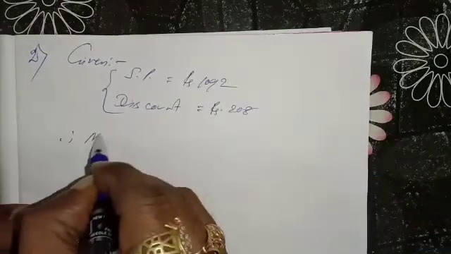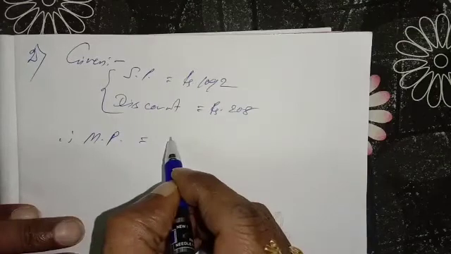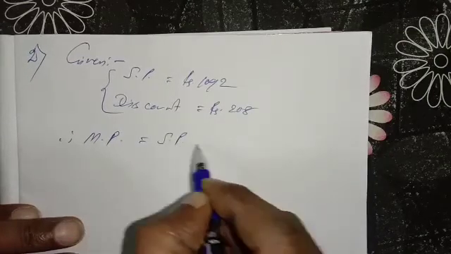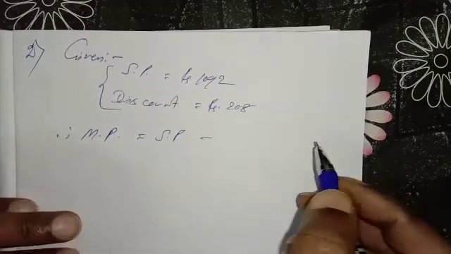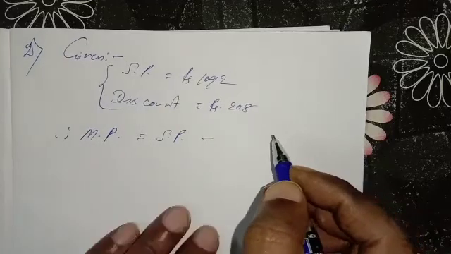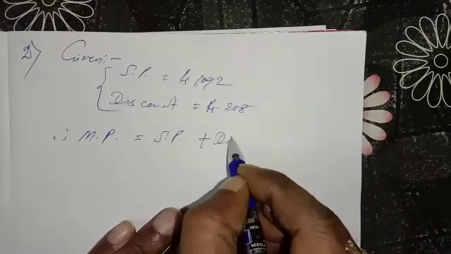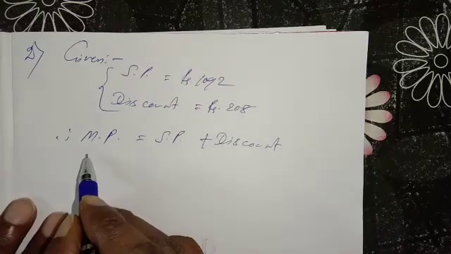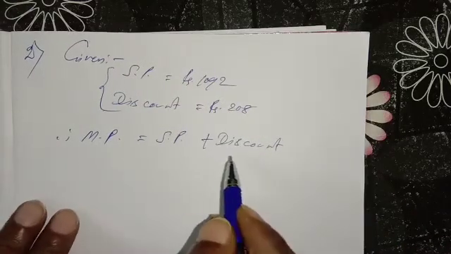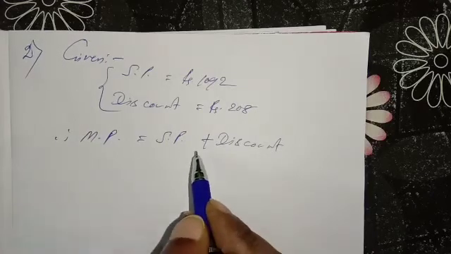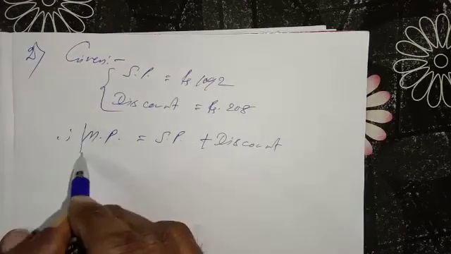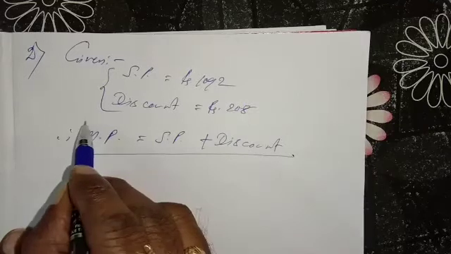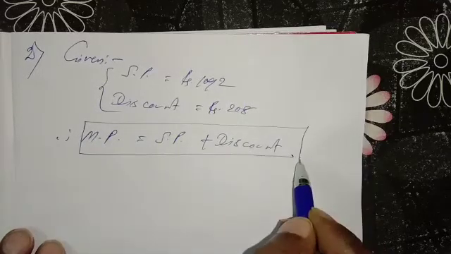Therefore, mark price is equal to selling price plus discount. Because mark price is greater than selling price, whenever the discount is there, the selling price will be less. That means you have to add the discount to selling price, then you will get mark price.